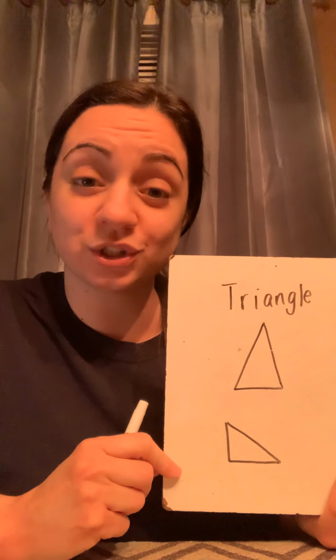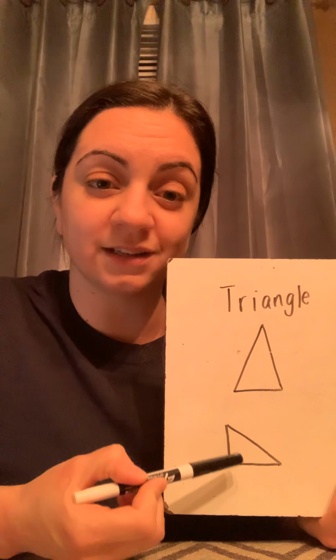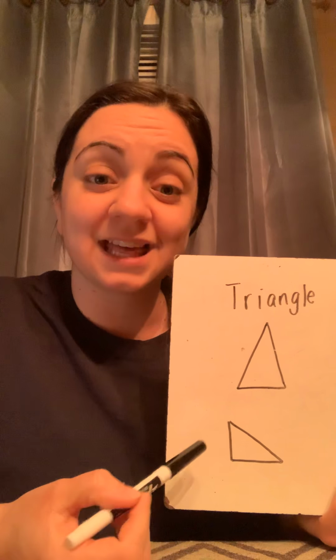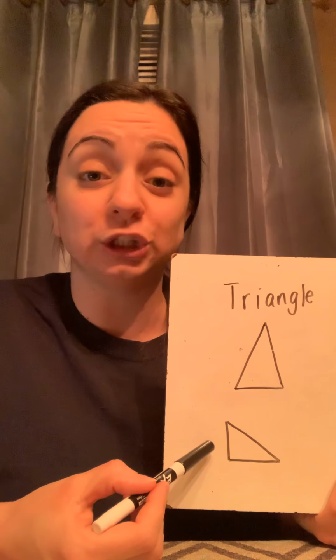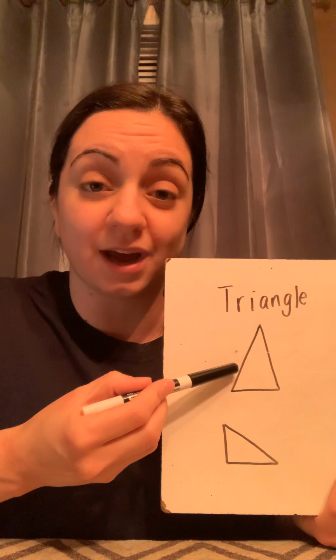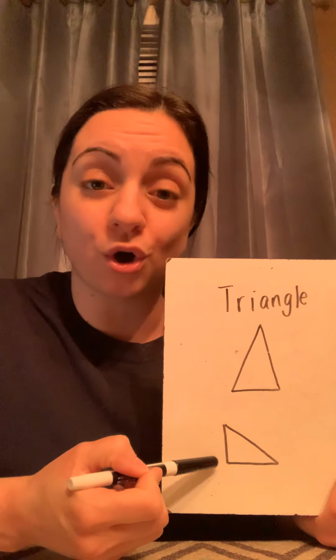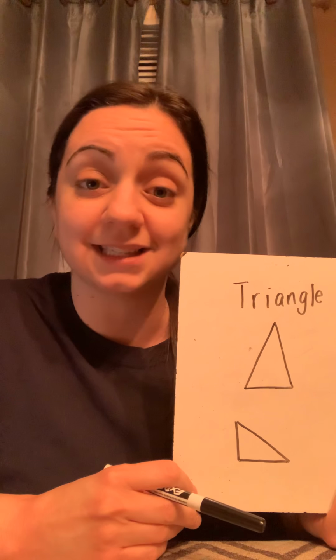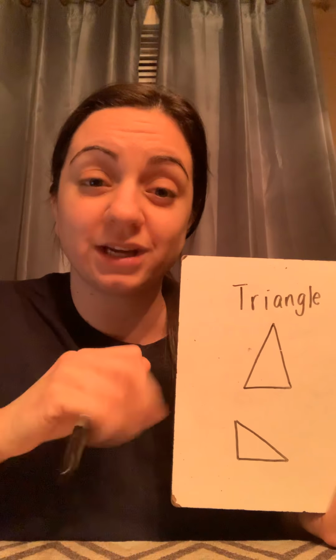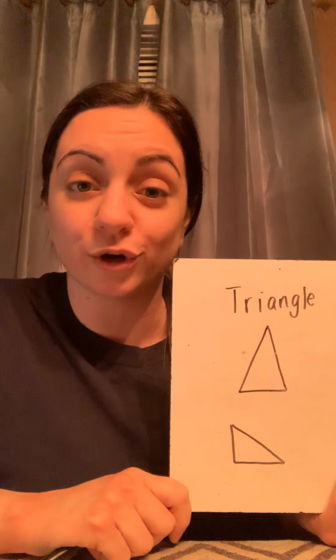You're right. It also has 3 corners. 1, 2, 3. This shape is also called a triangle. Even though it looks different than this triangle, they are both called triangles. So in order for a shape to be a triangle, it has to have 3 straight sides and 3 corners.